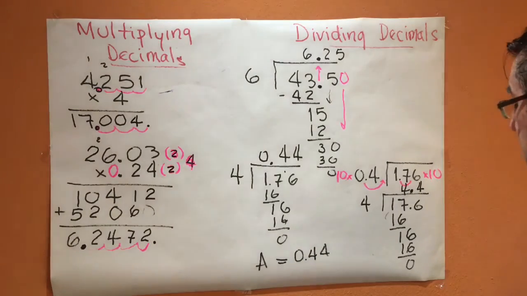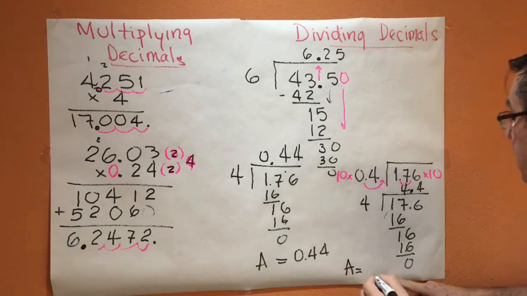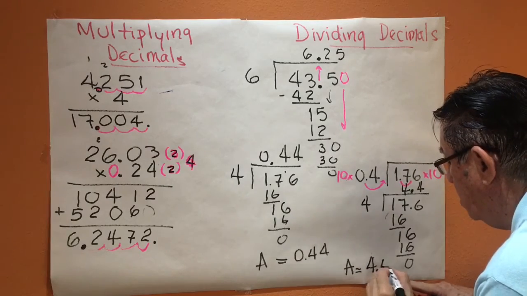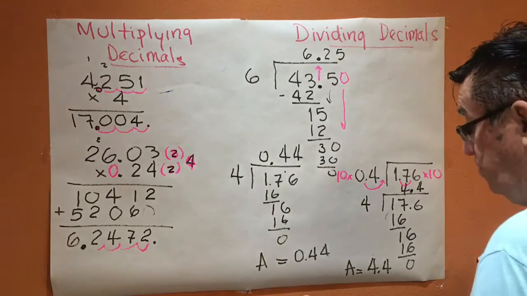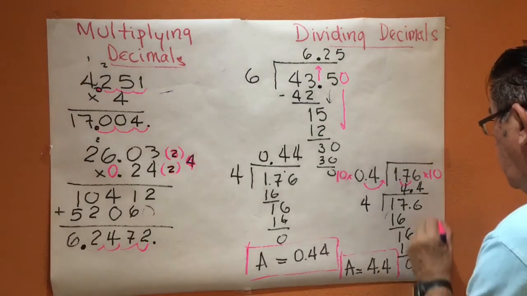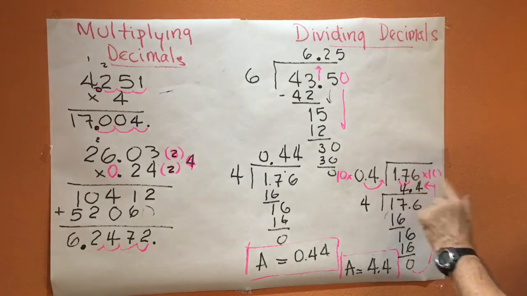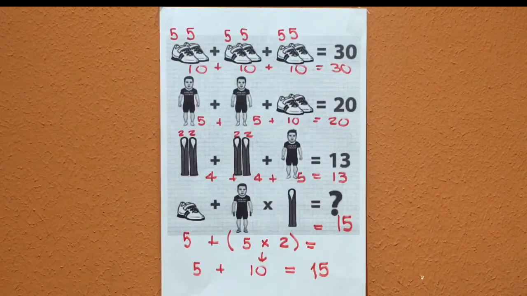And here, the answer is different because the numbers are completely different, which is 4.4. Well, we have to be very careful. Managing decimals depends on counting them, which are going to be the decimal places that we have to take care of.